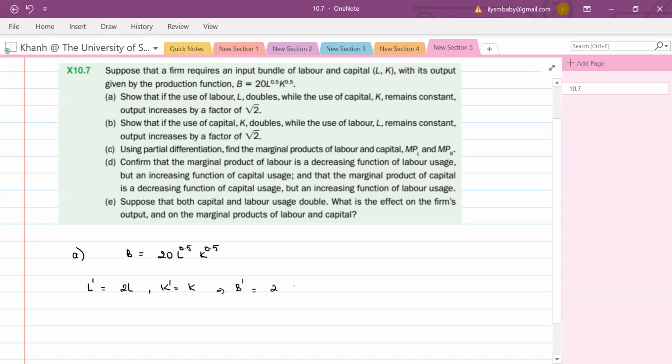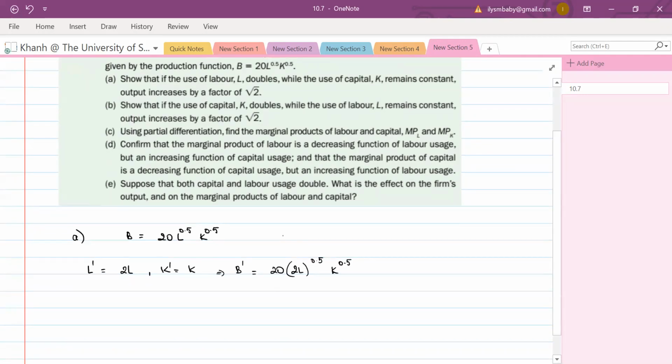So the new output is going to be equal to 20, 2L, everything to the power half, and K remains the same to the power half. Do it step by step. Then B dash is equal to 20 L dash to the power half and K dash to the power half.